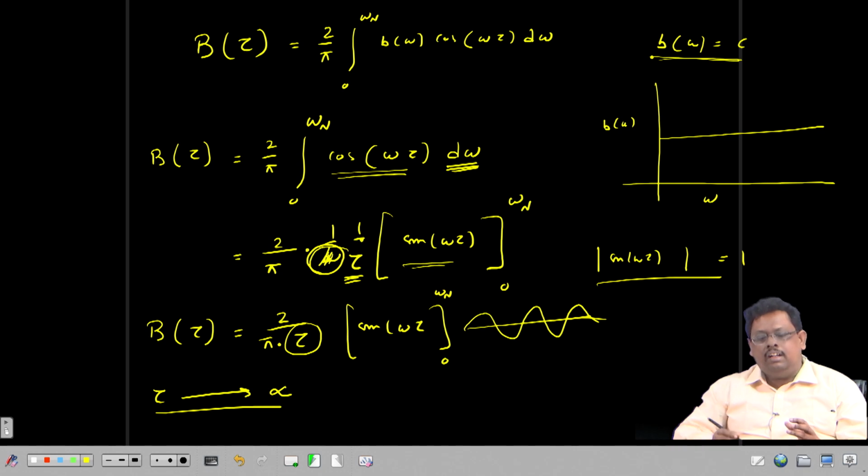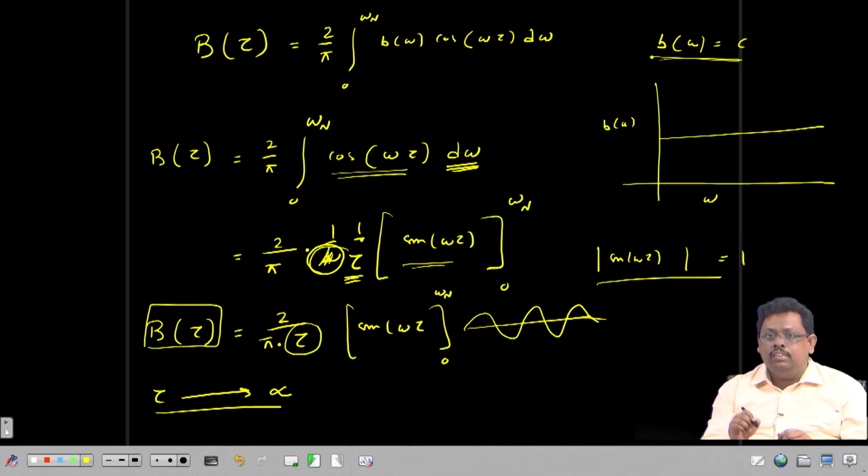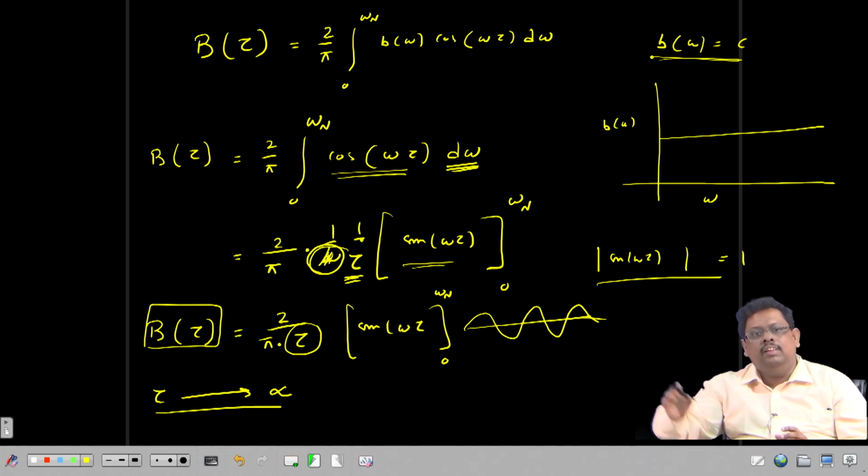So you see that b tau should go to 0 when tau tends to infinity, because the value of the numerator always lies between minus 1 and plus 1. The numerator does not go to infinity, but the denominator goes to infinity when tau tends to infinity, right.